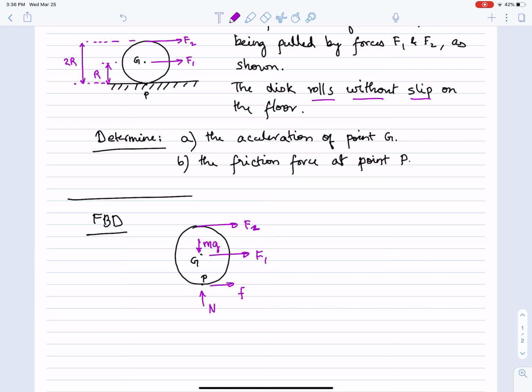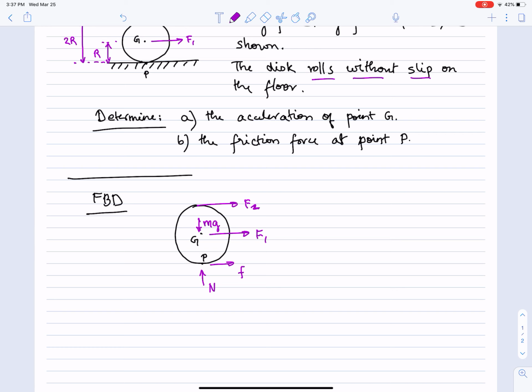We really have just a couple of principles. Again, we have F equals ma, and then we have sum of moments about a particular point, specifically G, equals I alpha, and then if it's a different point, you have to have this R cross ma term.